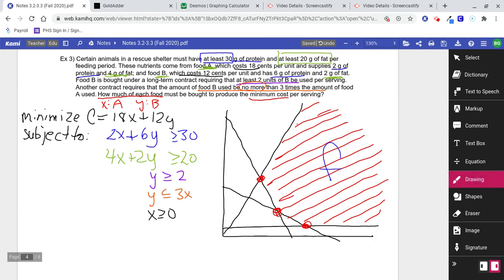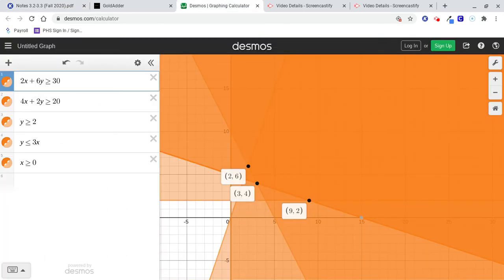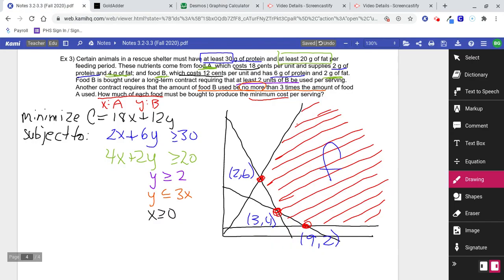And your corners are (2, 6), (3, 4), and (9, 2). Okay. Now, notice this one says minimize.